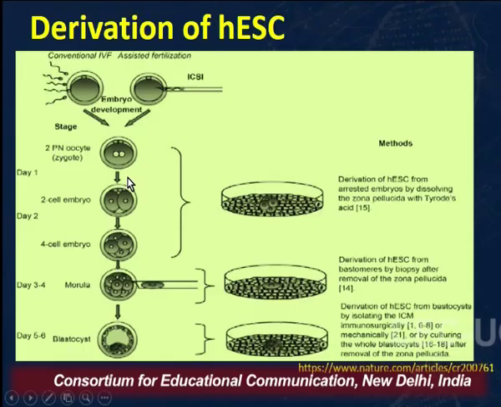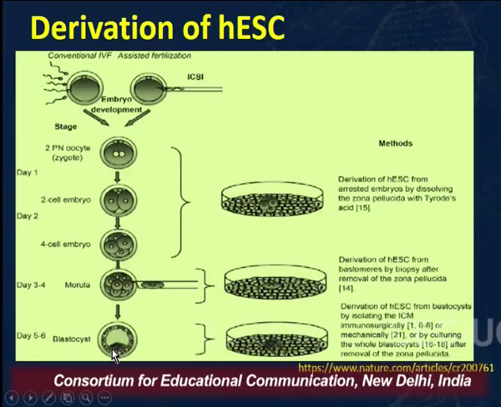And then, as in normal developmental biology, they will divide, become the 2-cell stage, 8-cell stage, then a morula, and then a space is created, and as you can see, this is the blastocyst, where you have an outer ectodermal layer and an inner cell mass.